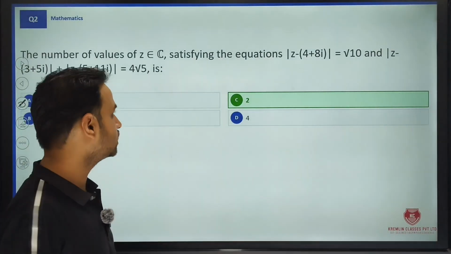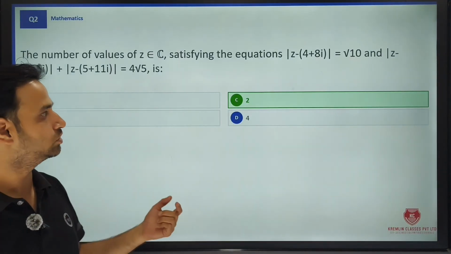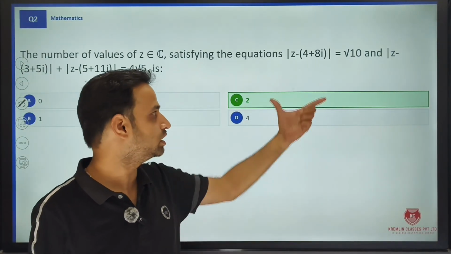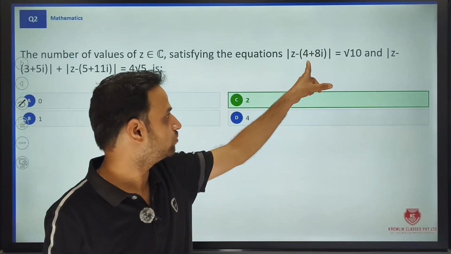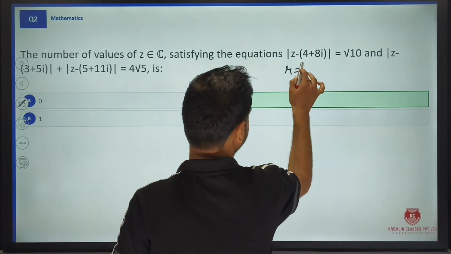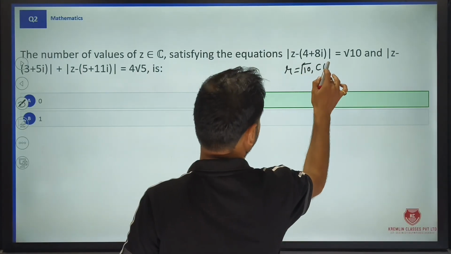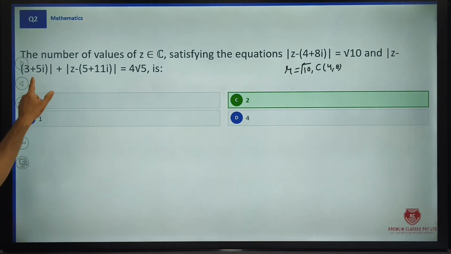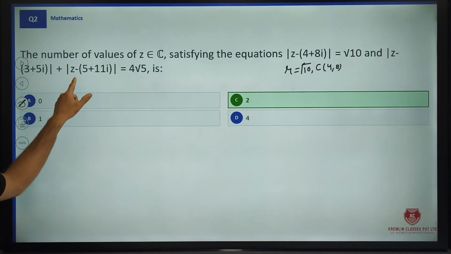Now we are moving to the second question: the number of values of z belonging to this, which is a complex number. We have taught earlier that this is a circle with center (4, 8) and radius root 10. The second one is |z - 3 + 5i| + |z - 5 + 11i| = 4 root 5.